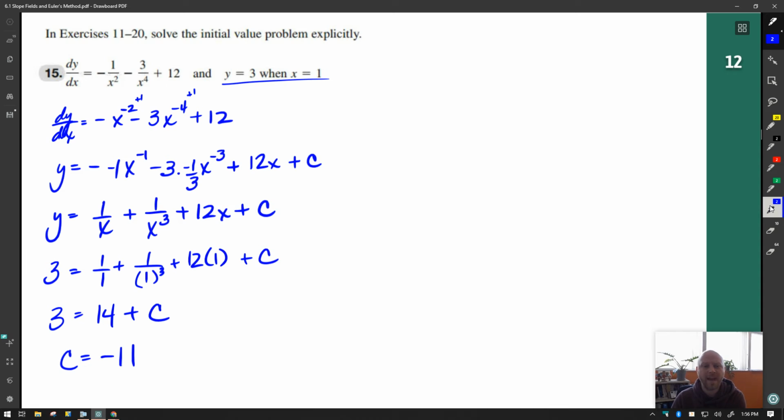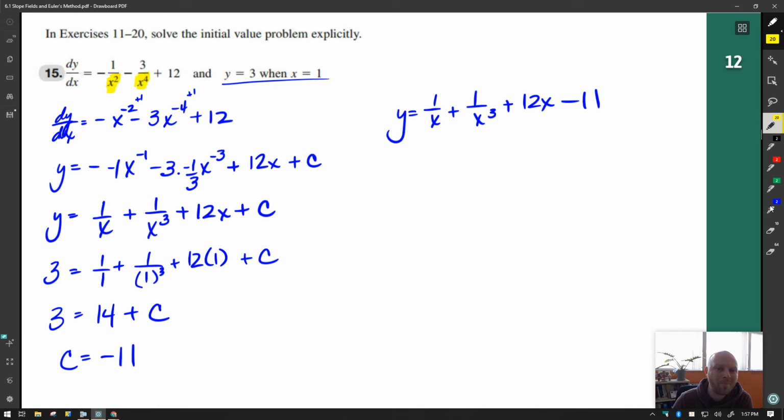Yeah. So now to our particular solution, it's y equals 1 over x plus 1 over x cubed plus 12x minus 11. But it's pretty clear, I think, from the beginning that 0 is not in the domain of this function. So we have a discontinuity, and you probably know it's a vertical asymptote at x equals 0.